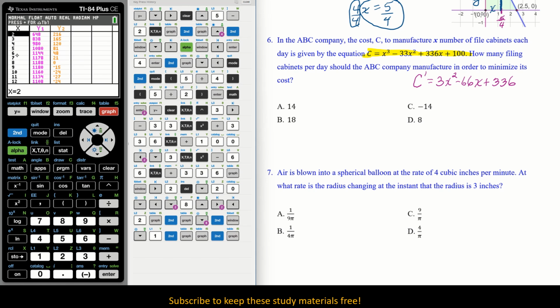So let's look at 8. I don't think that's minimizing. Looks like we go up and then we go down, so that looks like a maximum situation at 8. Then let's go over to about 14 and go down a little more.